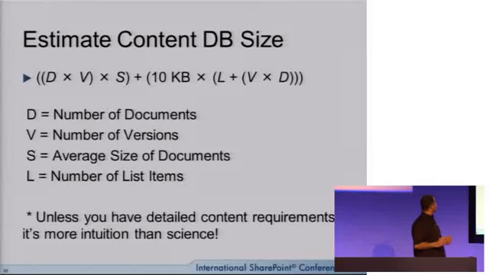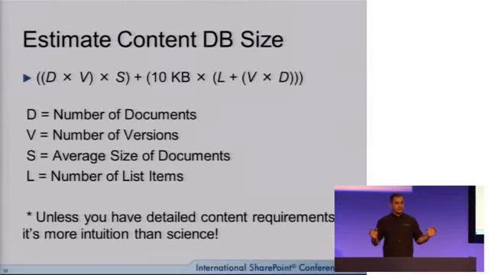We're looking at the number of documents that you're going to potentially have, how many versions of those documents you're going to have, and the average size of those documents, and that basically gives you a core number. But then we need to add into that how many list items we're going to have.